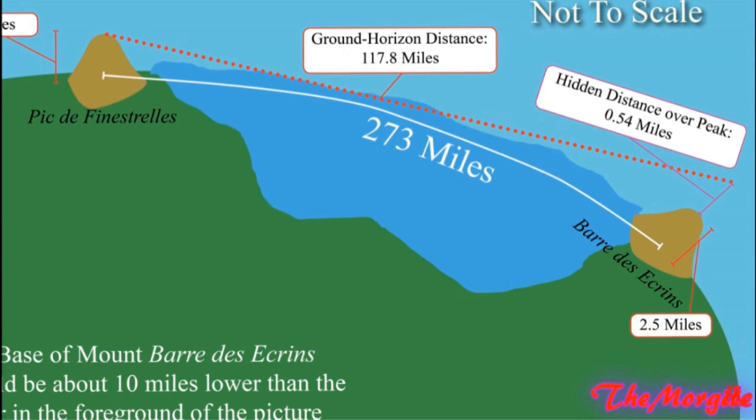So if you want to get it exactly accurate, you first have to subtract out the observer's height and therefore subtract out the distance to the horizon. In most cases, if you're standing at the beach, you're going to be about 6 feet above sea level on average, and that places the horizon at about 3.5 miles according to the ball Earth.